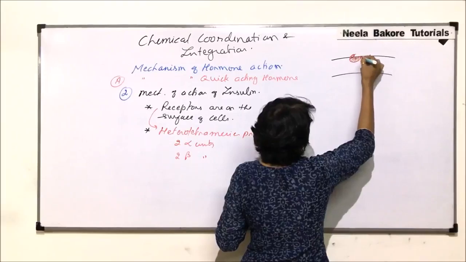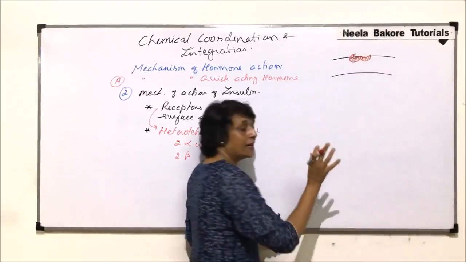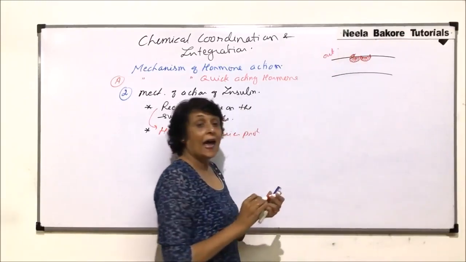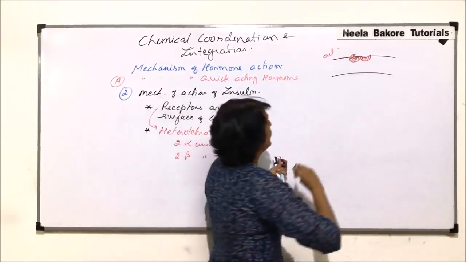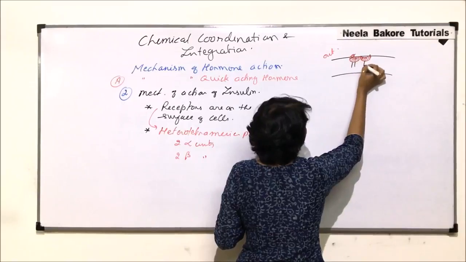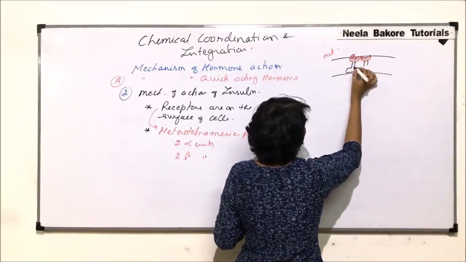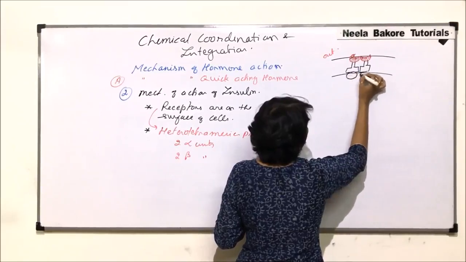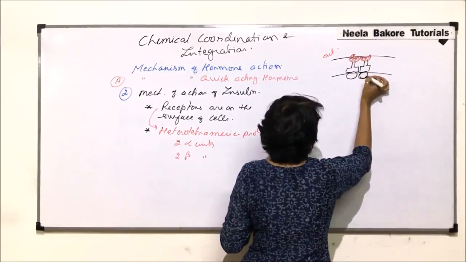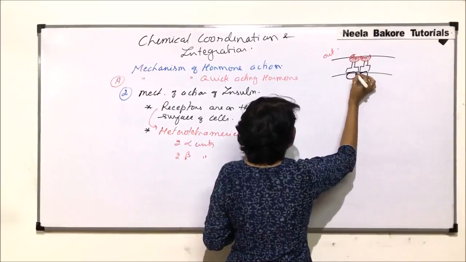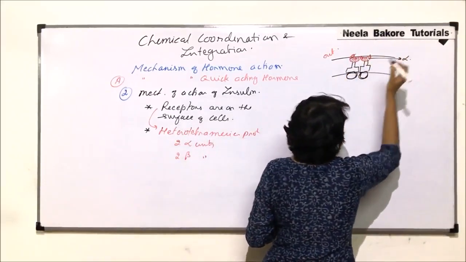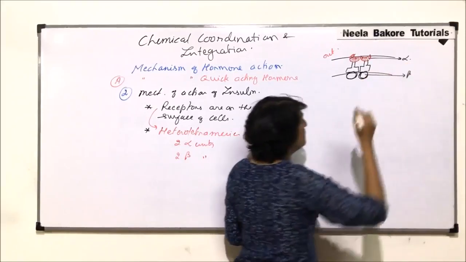So this is the alpha unit that we are drawing. It is on the outer side. This is the outer part. And to this, there is a small extension. Again, these are all protein molecules. And the beta unit is on the inner side. That means beta unit is on the cytoplasmic side. So this is the alpha unit and these are the beta units.